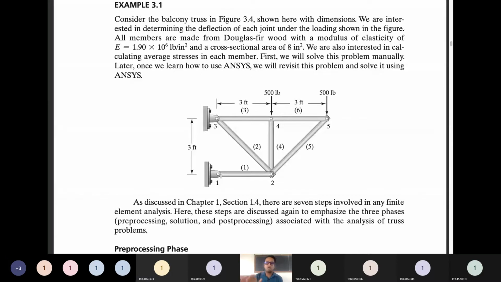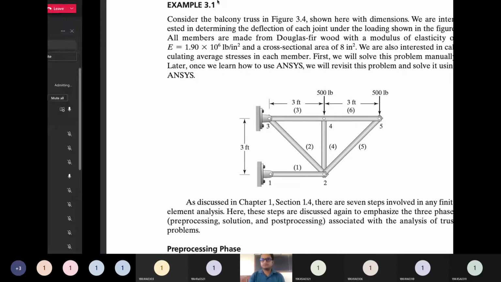So here the order of your global stiffness matrix will be 10 cross 10. This first thing you must keep in your mind: degrees of freedom per node multiplied by the number of nodes gives your global stiffness matrix order.